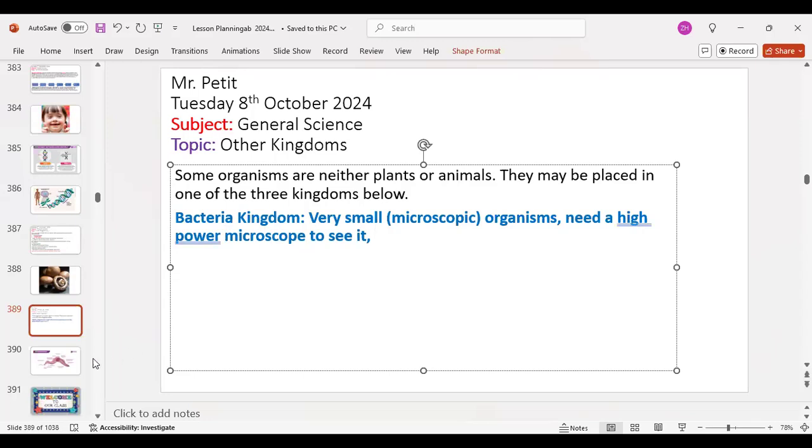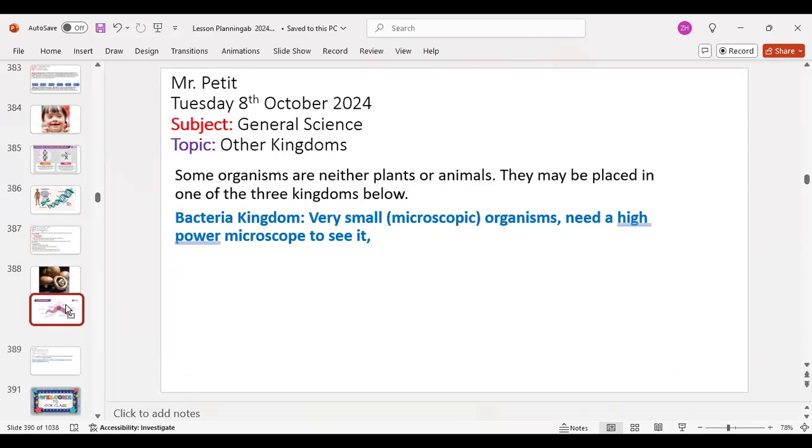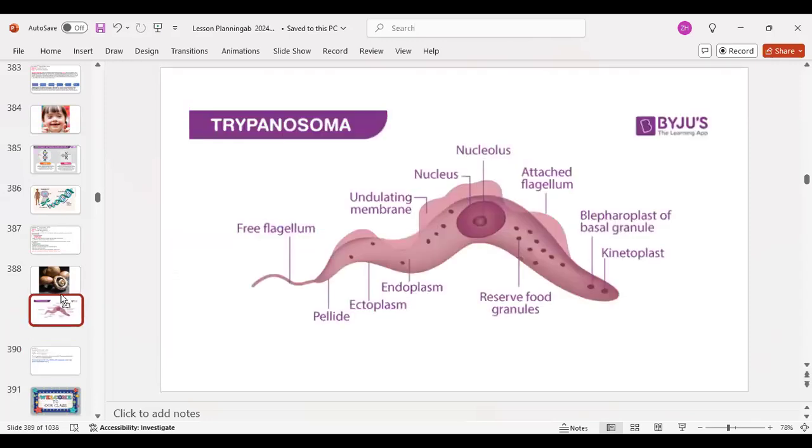Let me just show you one. This is bacteria. Can anyone pronounce this one? Trypanosoma. Very good. This type of bacteria, you can't see with the naked eye.